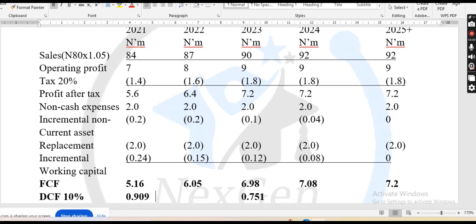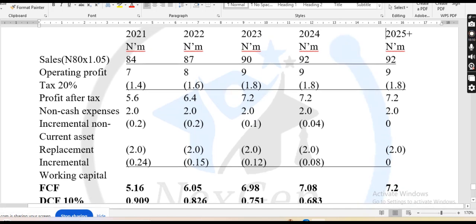Okay, what of the second year? 0.826. Fourth year, 0.683. So don't forget that the last year is beyond, that is to infinity.